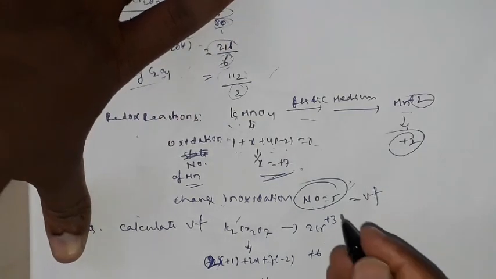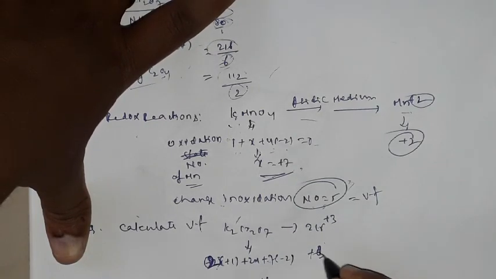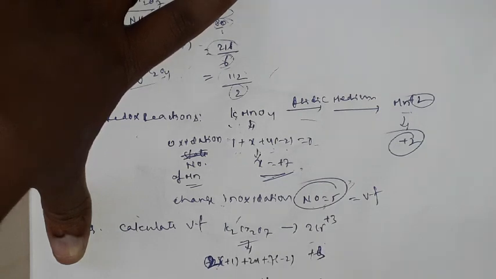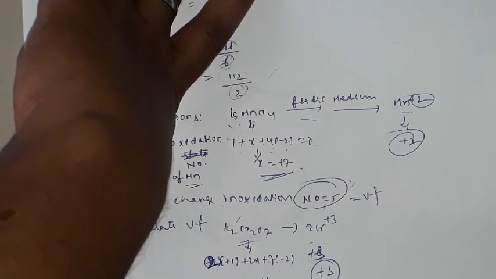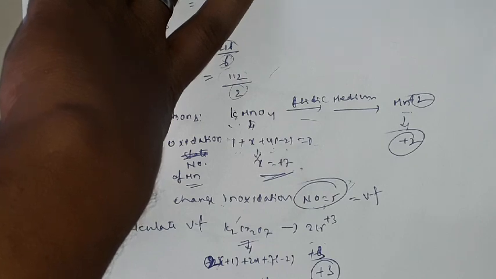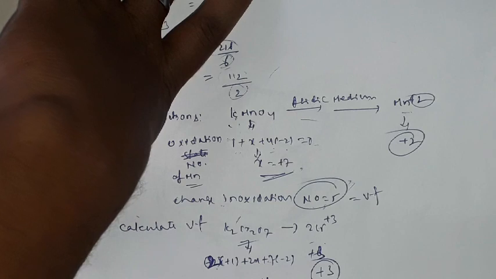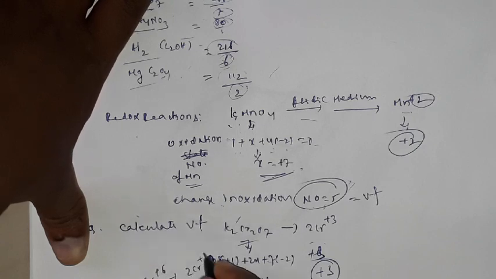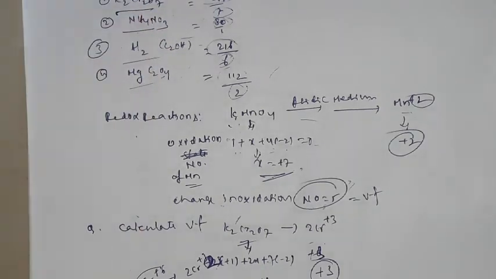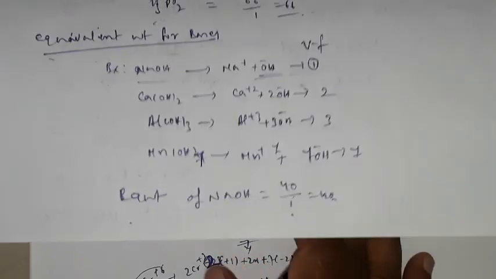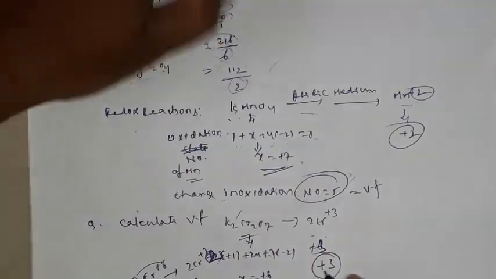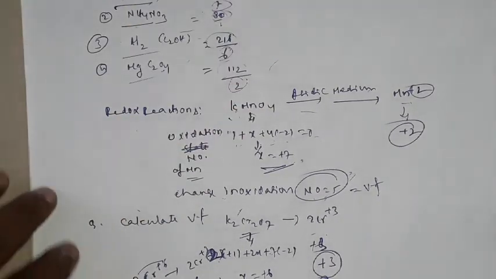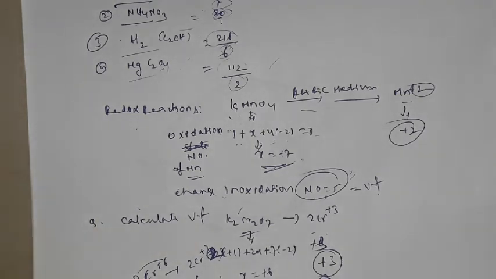Here Cr plus 6 changes to Cr plus 3. For 2 Cr plus 6 changing to 2 Cr plus 3, the change is 6.